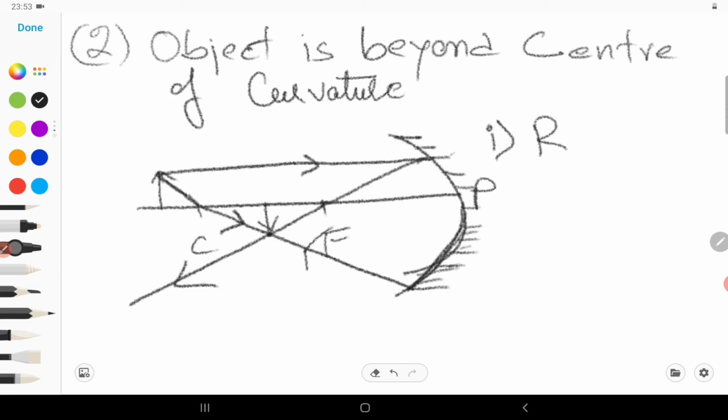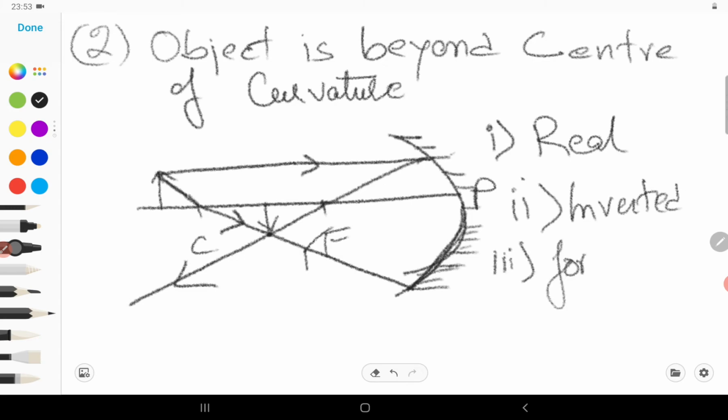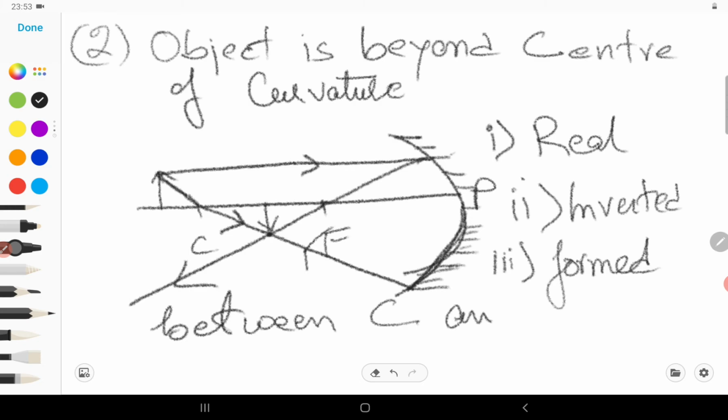Number one, it should be real because the rays are actually meeting. Number two, it should be inverted, as you can see. And number three, it should be formed between the center of curvature, I'm denoting it by C, and F, that is the focus.